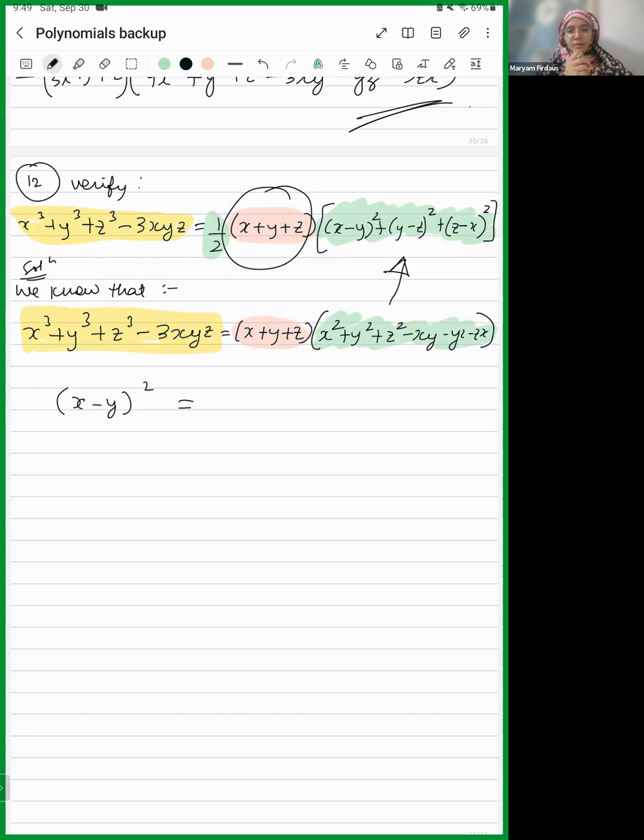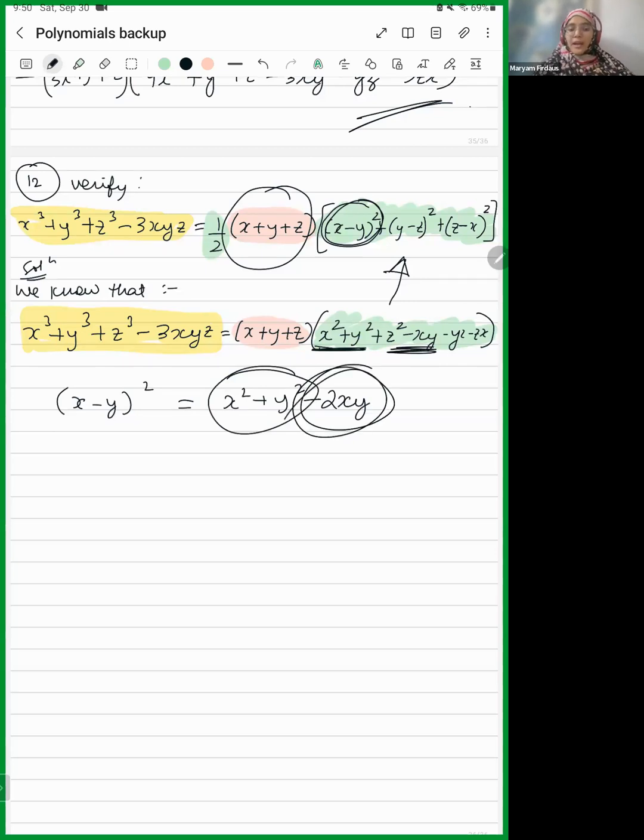Preshita, x square plus y square minus 2xy, right? So do you see something common? Over here you have x minus y whole square. Here, in place of that, you have x square plus y square, which we are supposed to have, and minus xy, not 2xy. So some few changes we need to make.